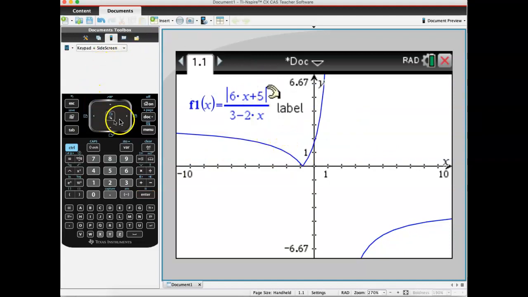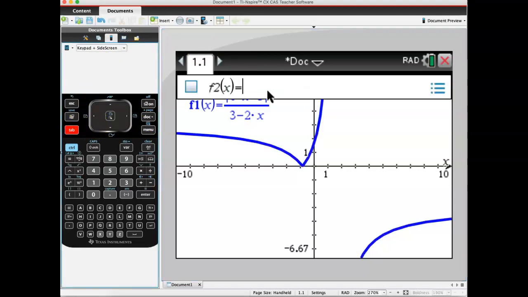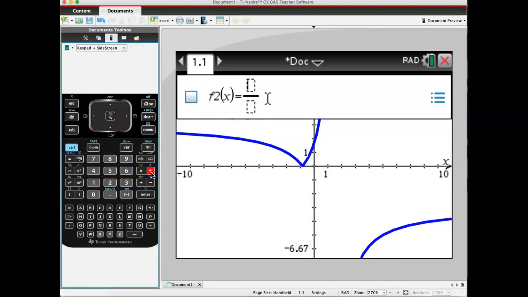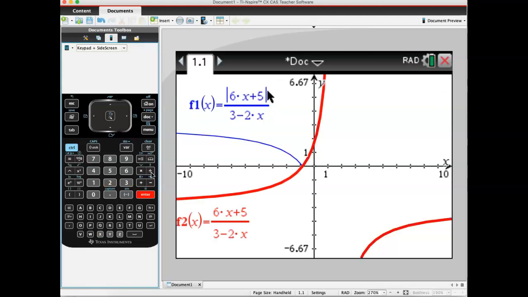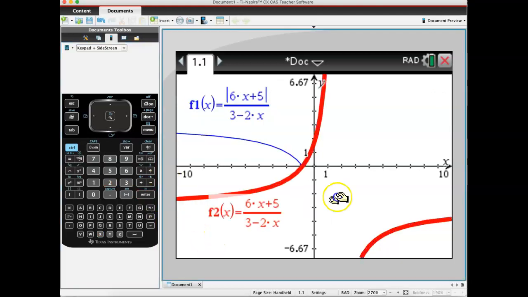Let me graph one other thing in here with you really quick. I don't want to make this long, but I really want to make sense out of this. If there were not an absolute value on the top, 6x plus 5 over 3 minus 2x, we would have this red rational function.